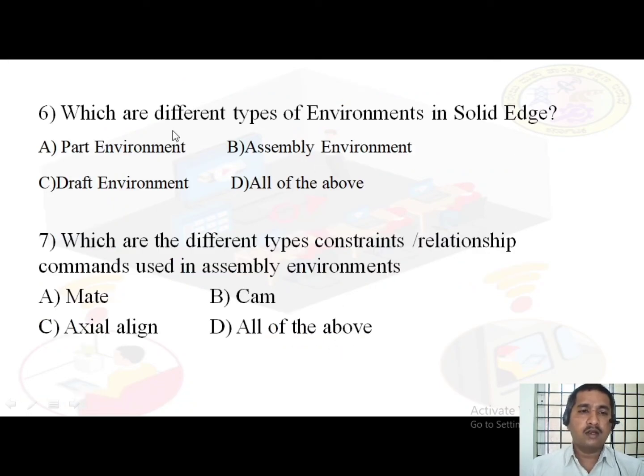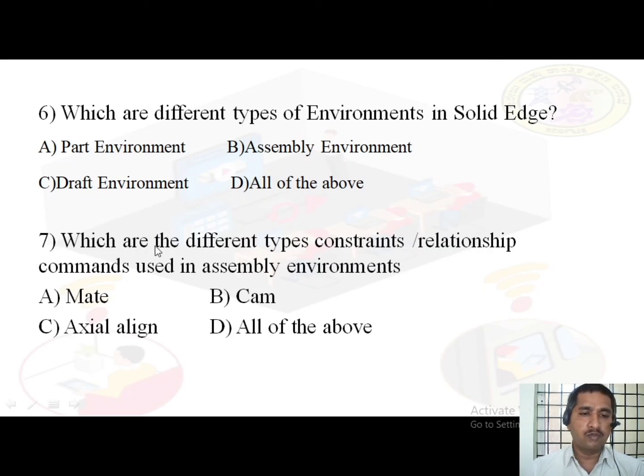Which are the different types of environments in Solid Edge? Part environment, assembly environment, draft environment, or all of the above. In Solid Edge, we can use the part environment, assembly environment, and draft environment also. So in this case D, all of the above, is the correct answer.